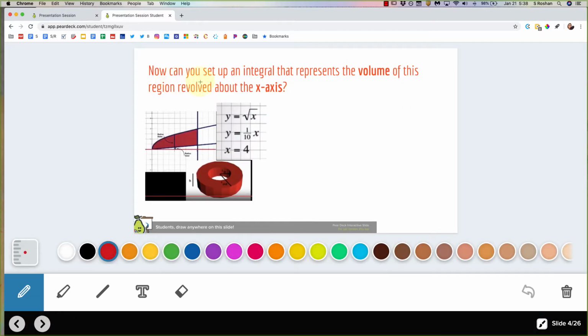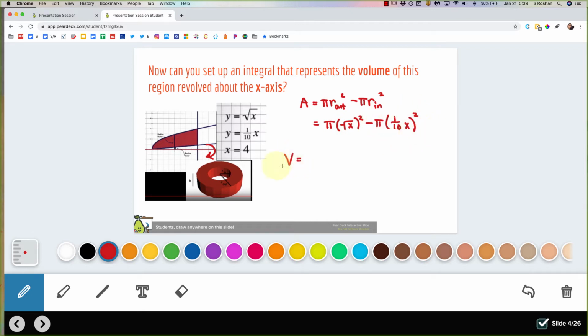So now my question is, can you set up an integral that represents the volume of this region revolved around the x-axis? So we're going to be revolving around the x-axis. We had just found that the area is pi radius outer squared minus pi radius inner squared. In this example, it was pi root x squared minus pi 1/10 x squared.